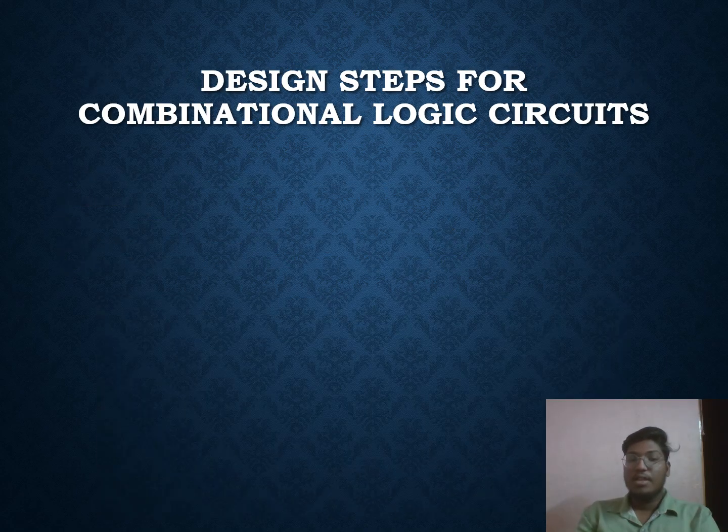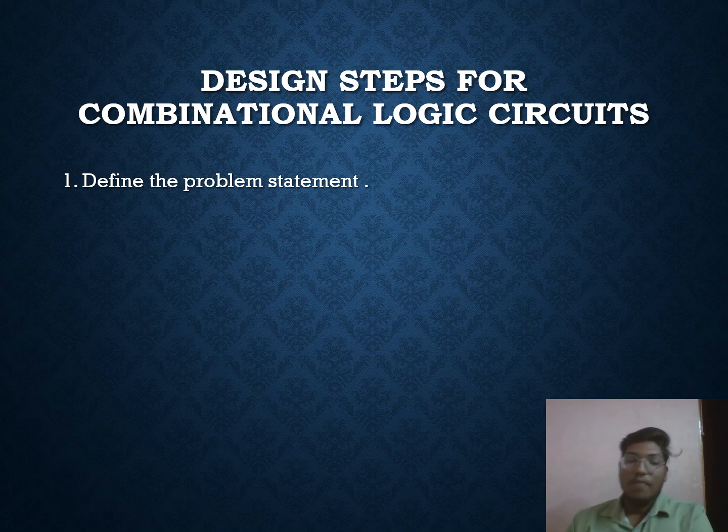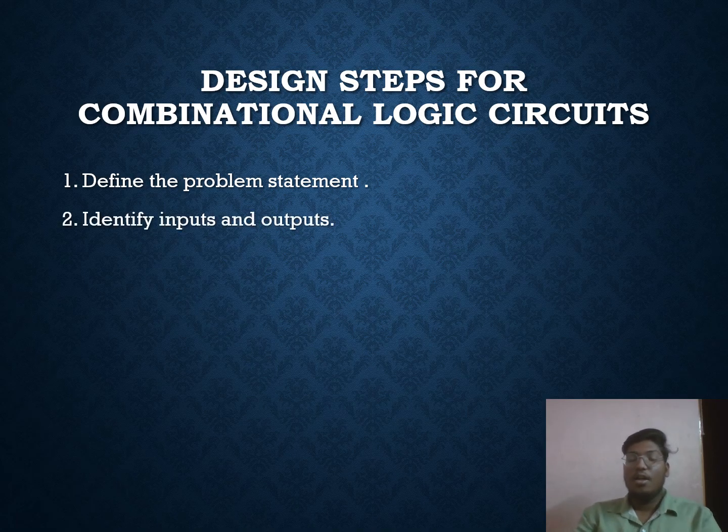Okay, let's see the design steps for combinational logic circuits. These steps are common for all combinational logic circuit designs. First, defining the problem: in this step, we define what we are designing the combinational logic circuit for. Next, identify the inputs and outputs of the circuit. Based on the inputs and outputs, construct the truth table.